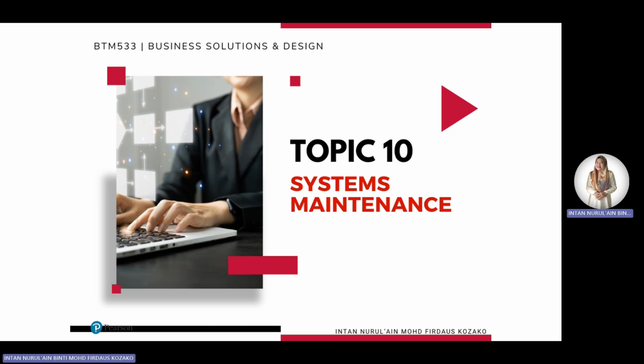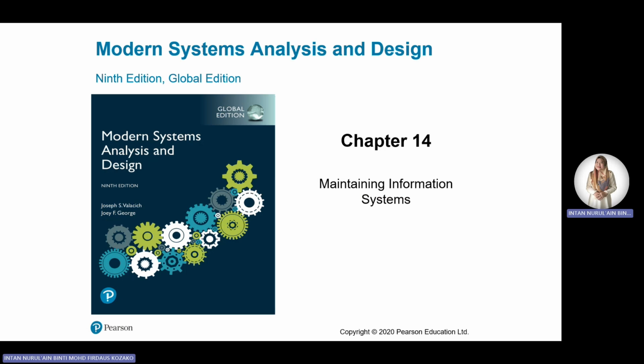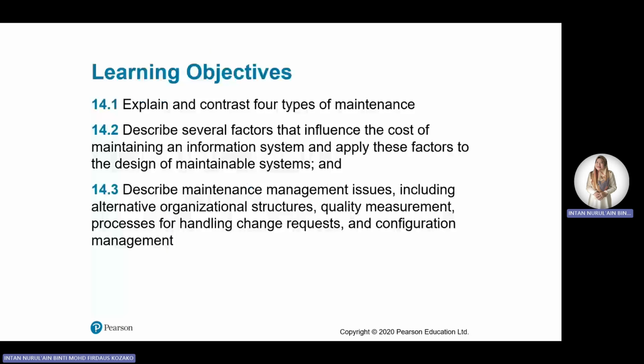So now we're going to learn the last topic for BTM 533, which is topic 10, systems maintenance. In the textbook, system maintenance is under chapter 14. These are the learning objectives for this topic: first, to explain and contrast 4 types of maintenance.